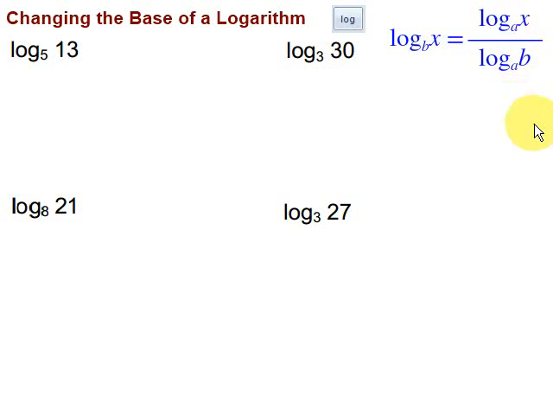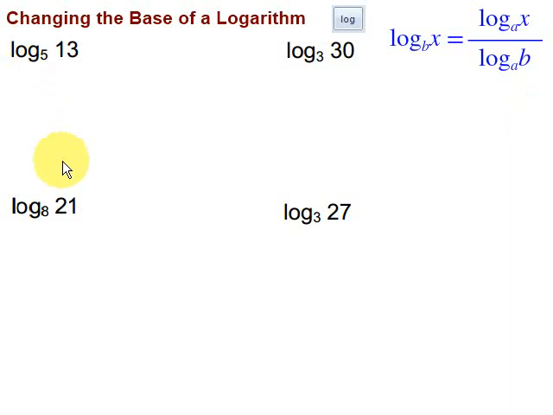We could change it to any base that we want, and sometimes it might make sense to change it to another base, maybe like a base of 2, if we can make both the x and the b into something with the 2, if it's a power of 2, or if we just want to use our calculator, we can use the base 10. And I'm going to show some examples here of how we can make use of that.